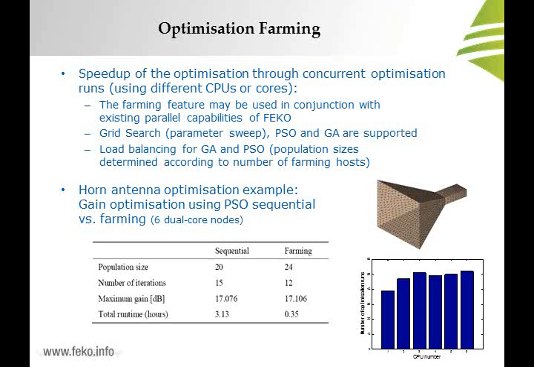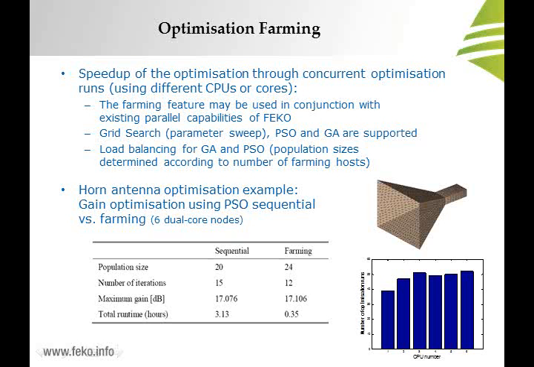And the last aspect of the other HPC offerings I would like to mention in this webinar is within our optimizer. In addition to supporting, of course, parallel runs and GPU computing and so forth, all that I explained so far, we have the option of so-called farming.